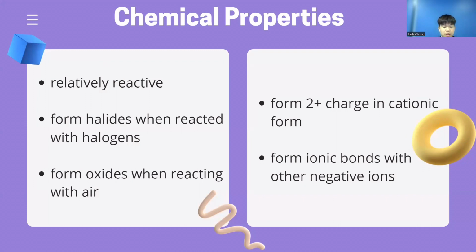The group 2 elements also form oxides when reacting with air, leading to a dull appearance in pure form. They also form 2+ charges in cationic forms, and form ionic bonds with other negatively charged ions. Examples of common compounds are calcium carbonate used in chalk and strontium nitrate used in fireworks.